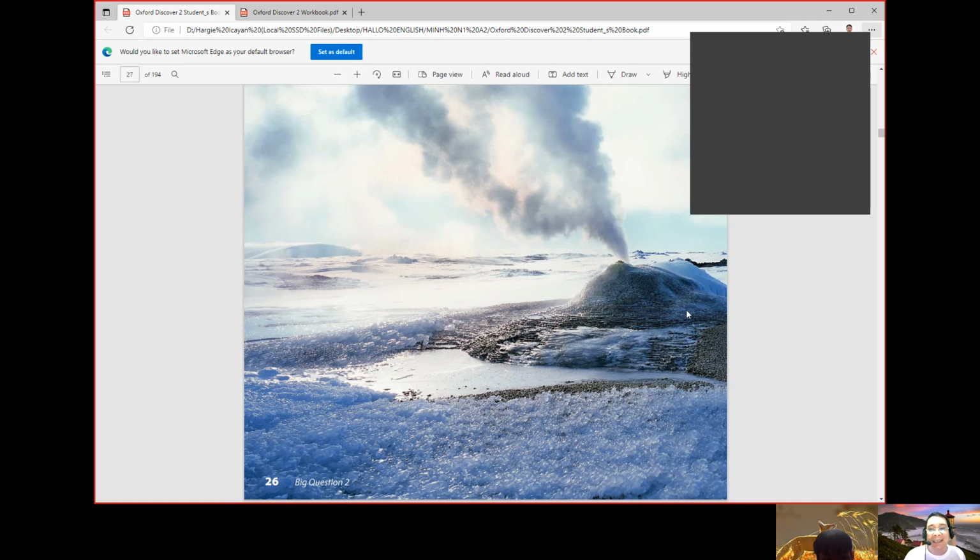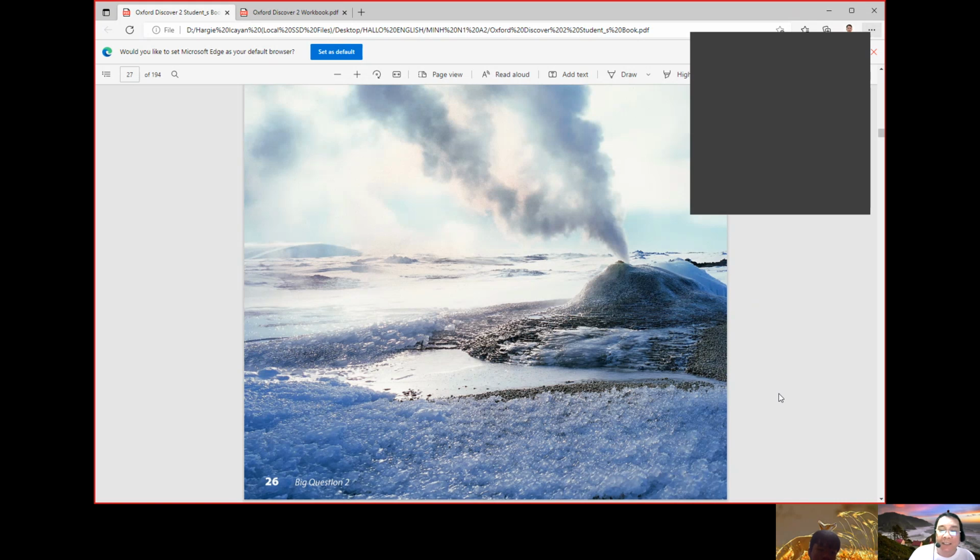So solids, liquids, and gases can be changed. All of that can change, right? Just like, for example, water can change into solid, right?